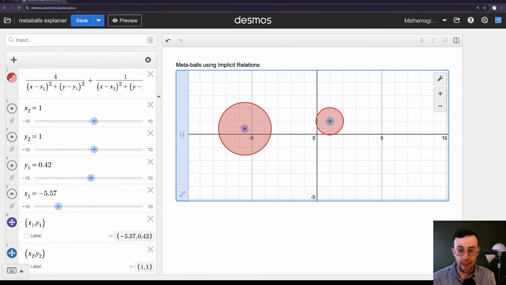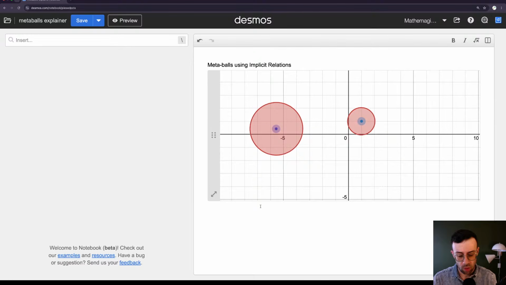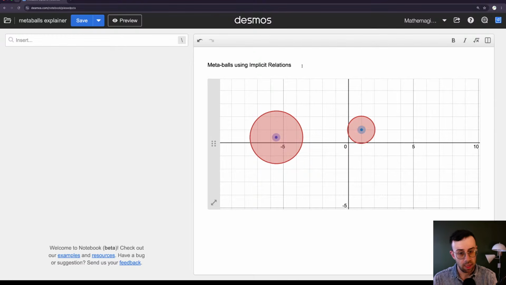So what we have here is a function of x and y on this left side. Maybe for a Desmos notebook, I'll write, these are metaballs.